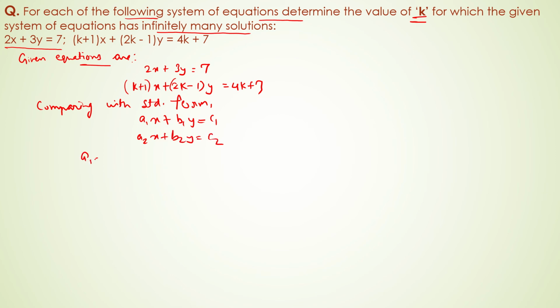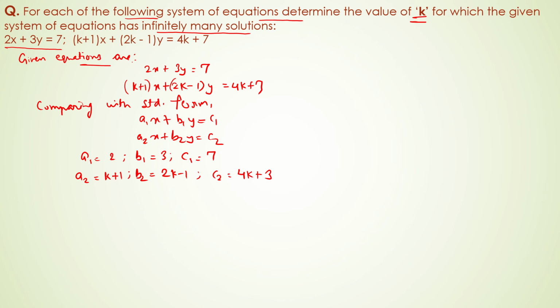So here a1 is 2, b1 is 3 and c1 is 7. a2 is k plus 1, b2 is 2k minus 1 and c2 is 4k plus 3.